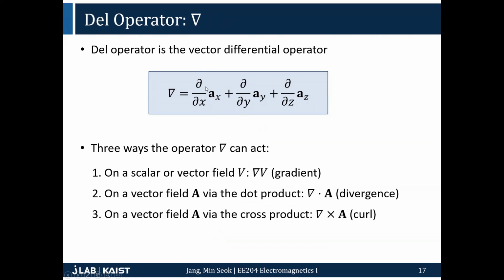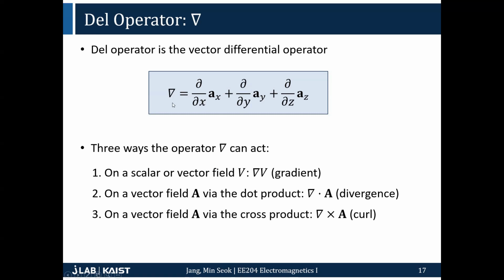So partial derivatives in the x direction, y direction, z direction. And this del operator can be applied to a scalar field or a vector field. If it's applied to a scalar field like this, we call it a gradient, okay?